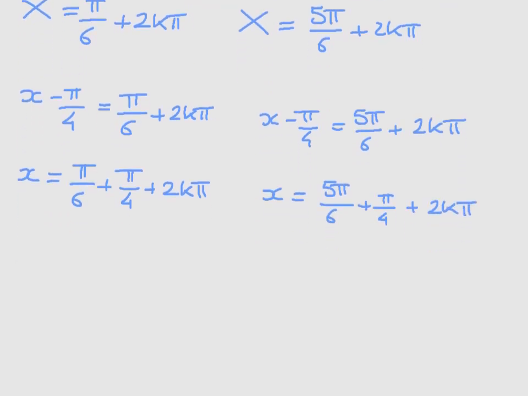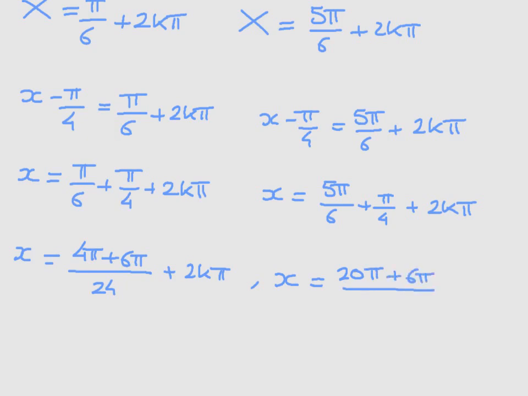We now add those fractions together. The first equation becomes pi over 6 plus pi over 4, which is going to become 4 pi plus 6 pi over 24, still adding my plus 2k pi. And the second equation will become x equals 5 pi times 4, so that's 20 pi, plus 6 times pi, which is 6 pi, all of that over 24, plus 2k pi.